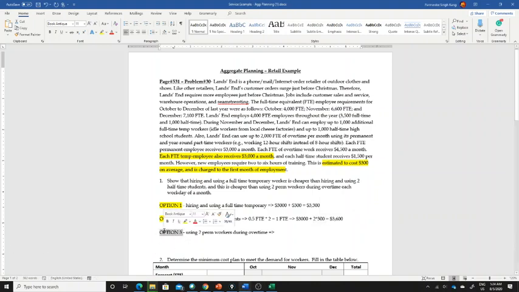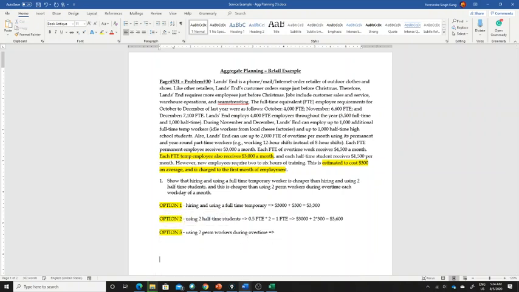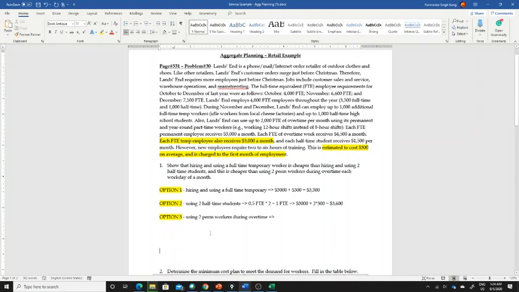Okay, so now let's look at option 3. So we have using 2 permanent workers during overtime. So before we go to this option, let's explore it a little bit, because there was some confusion around this area. So let's say I have a worker, let's say worker named W1. He starts his shift at 8 a.m. in the morning.